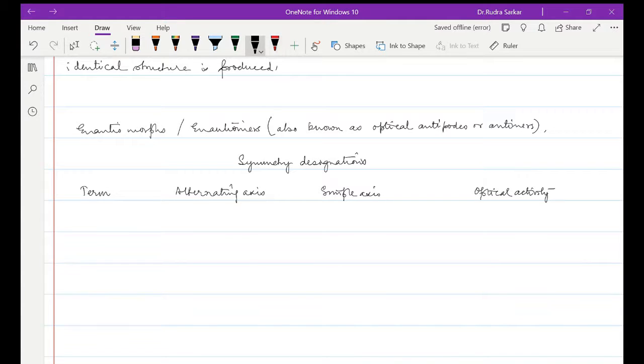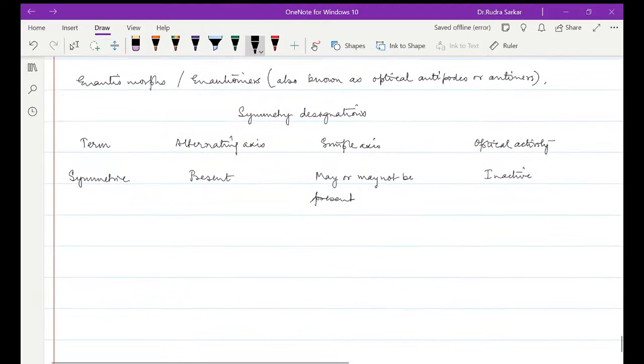So what is that? Over here, if we are saying a molecule is symmetric, alternating axis of symmetry we will say present. Simple axis may or may not be present. And that would be optically inactive.